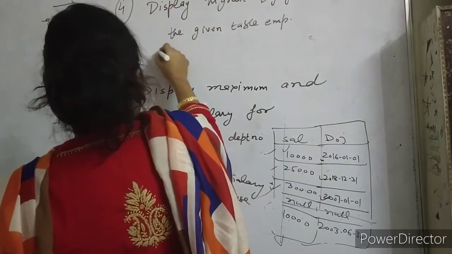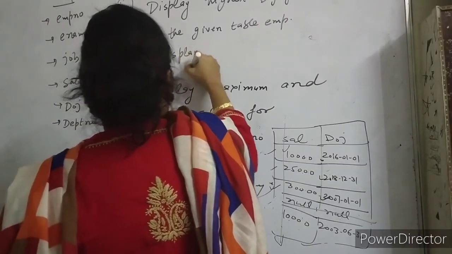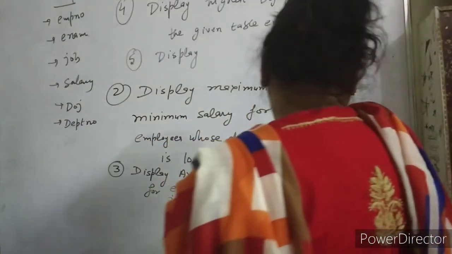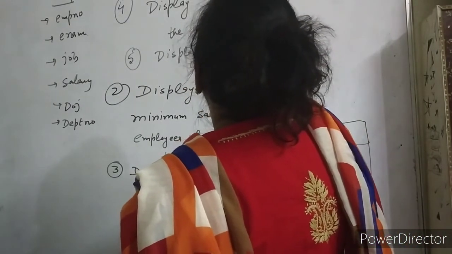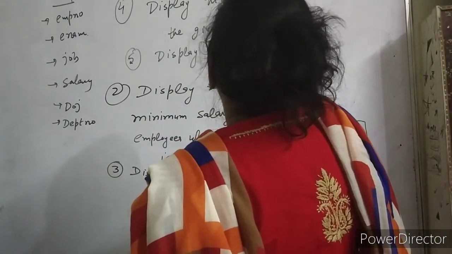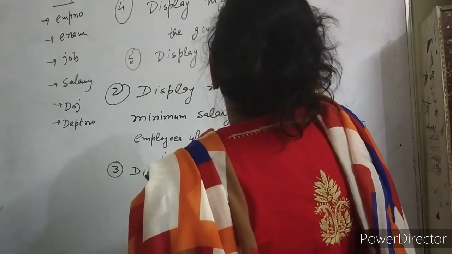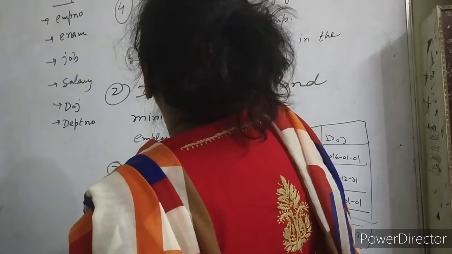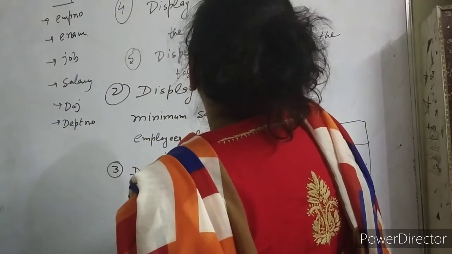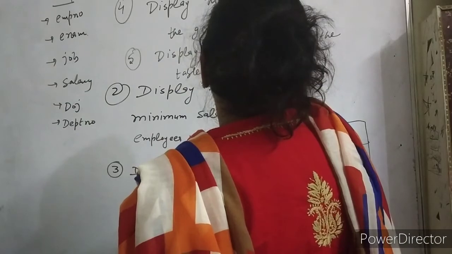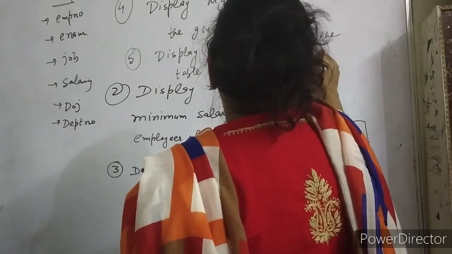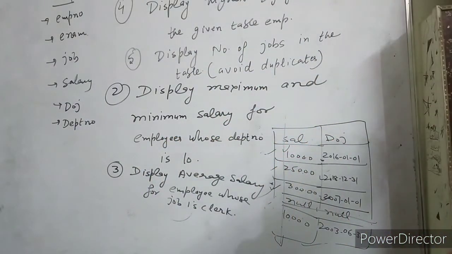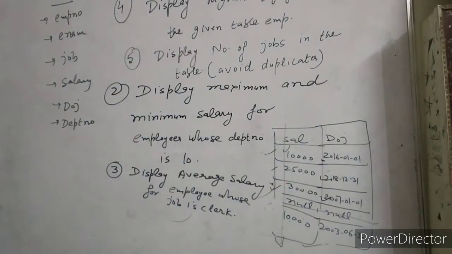Fifth: display the number of jobs in the table. Avoid duplicates. You have to write down the answers to these questions. Clear to all of you?